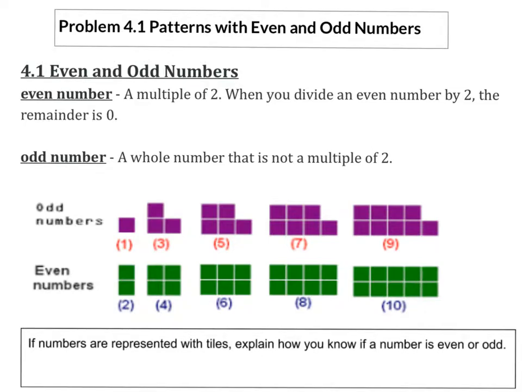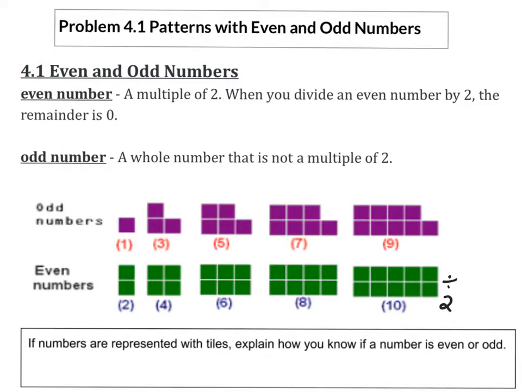So you're skip counting by 2. Also, you can take any even number and divide it by 2, and you'll have no remainder. So if you divide any of these even numbers by 2, to infinity, you will have no remainder. So that was a little bit on evens.